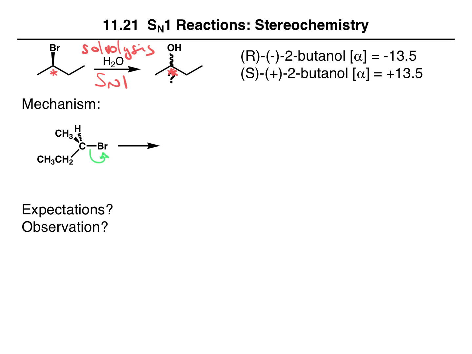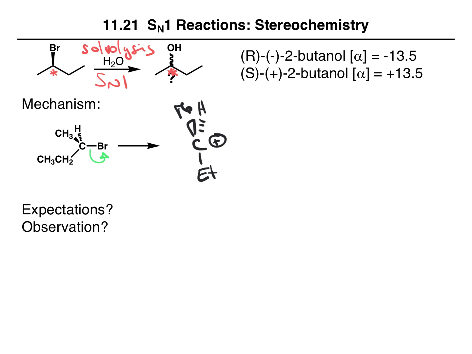When bromine leaves, we generate a carbocation. What is the structure of that carbocation? Keep in mind, the carbocation carbon is now sp2 hybridized. So we have our ethyl group, our methyl group, and our hydrogen, but this is now trigonal planar, and I have this drawn perpendicular to the plane of the screen.